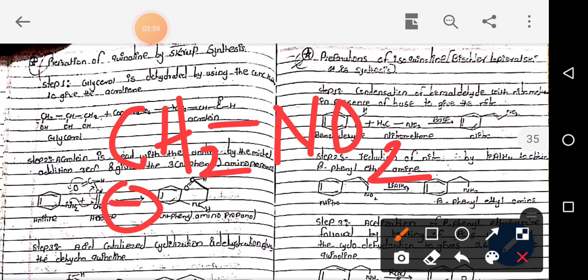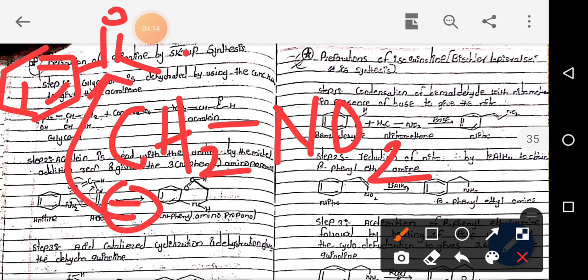This carbanion reacts on the benzaldehyde, whose carbonyl carbon atom is more electrophilic in nature.